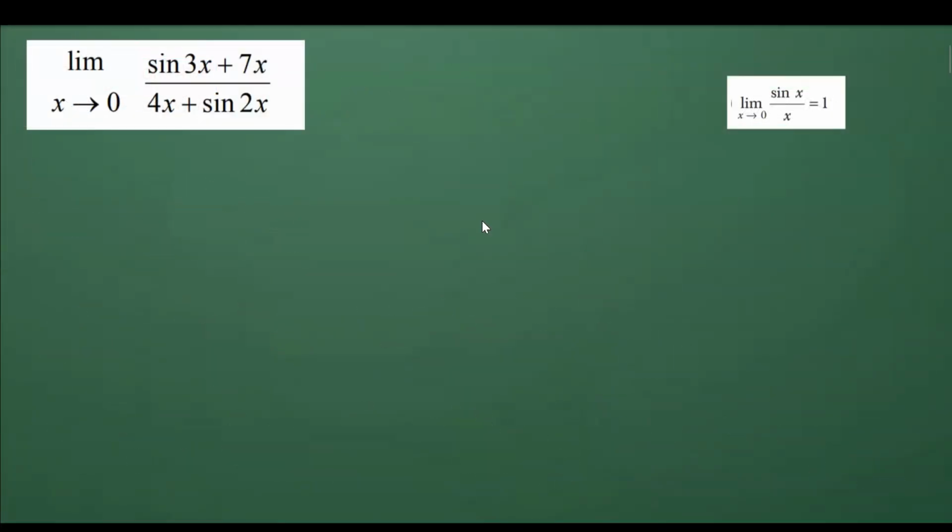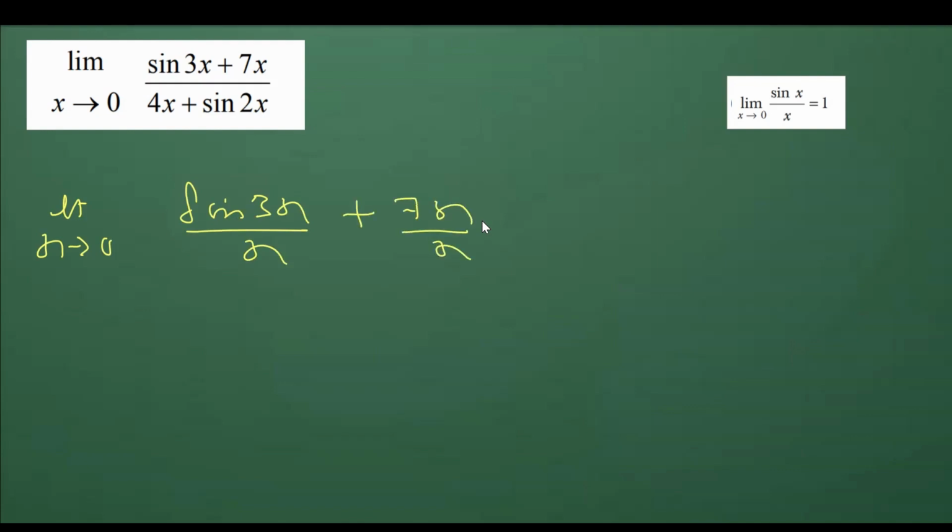Now for this question of trigonometric function, we have to evaluate the limit. What we are going to do is divide the numerator and denominator, each term, by x. So I write this as limit x tending to 0. Since I am dividing the numerator by x, each term is divided by x, and I'm doing the same with the denominator.